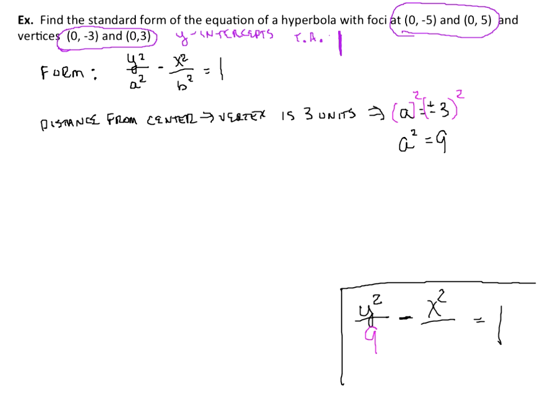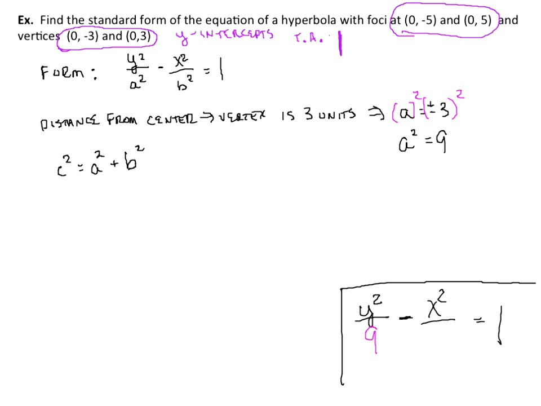Now all we need to do is figure out what b squared is so that we can finish off the equation. Well, the only way we have of working with b squared is from that little relationship that we were given, that the distance to the foci squared is equal to distance to the vertices squared plus distance to the other side of the rectangle squared.